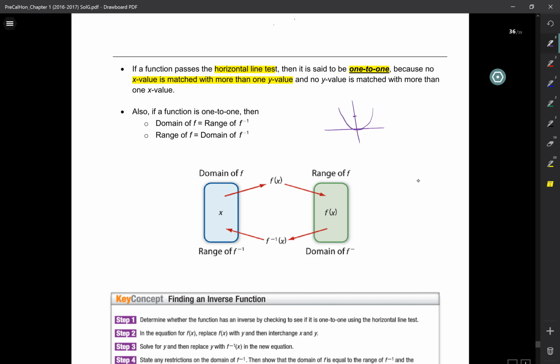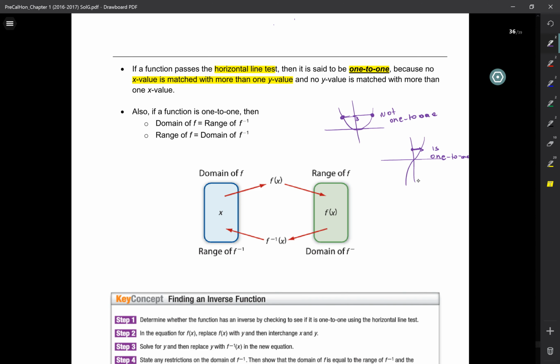Now let's pick y equals 3. If you notice, y equals 3 has two corresponding x values. This is not 1-to-1. However, if you look at this function, now if we pick a y value, you'll notice it only has one corresponding x value. This is 1-to-1. And this is going to have an inverse function.